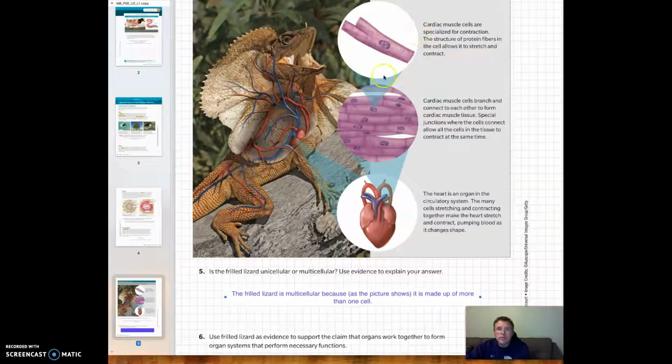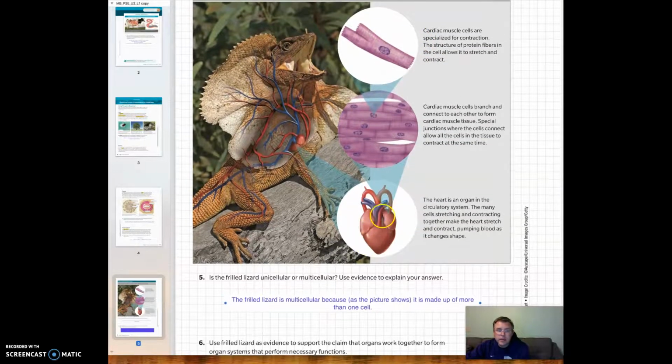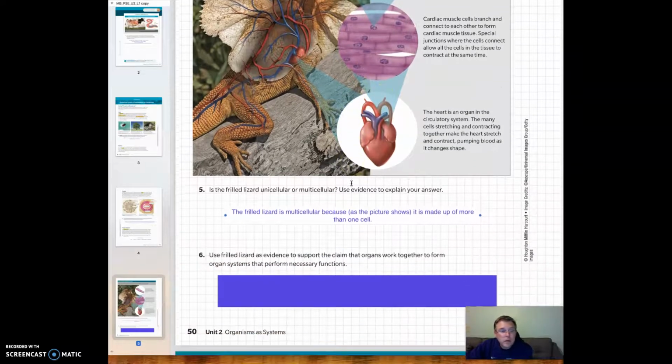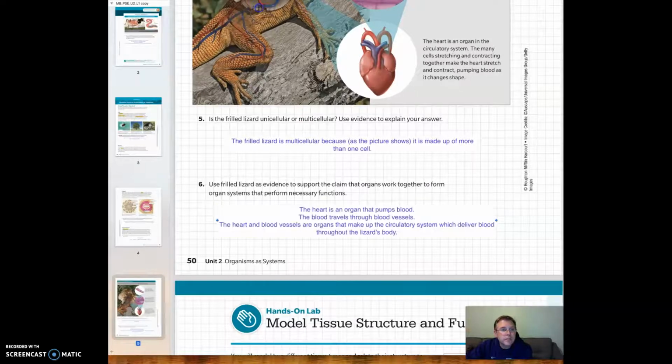We saw our first cell right here, put a bunch of those cells together here, and then we get an organ. And that's just one little part of this whole lizard. The whole thing is going to be made up of cells. And then again, use the frilled lizard as evidence to support the claim that organs work together to form organ systems that perform necessary functions. Well, if you think about it, we see a picture of the heart right here.